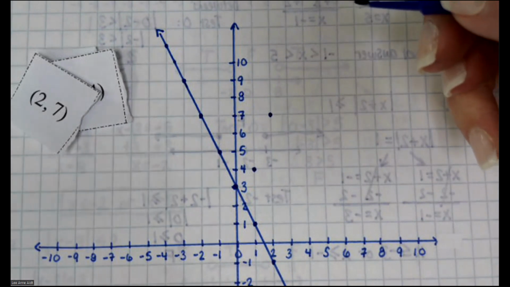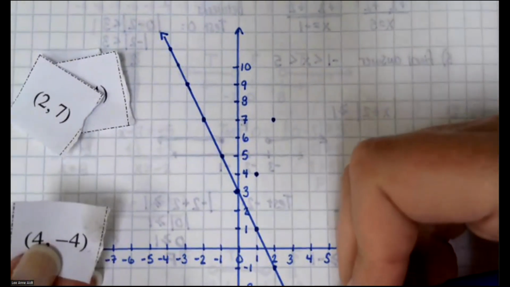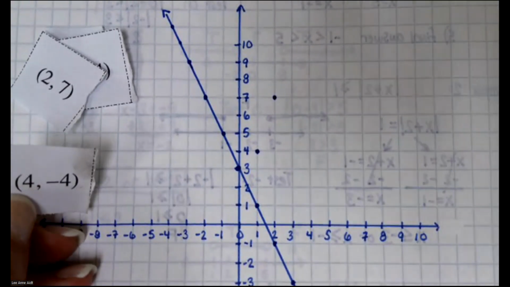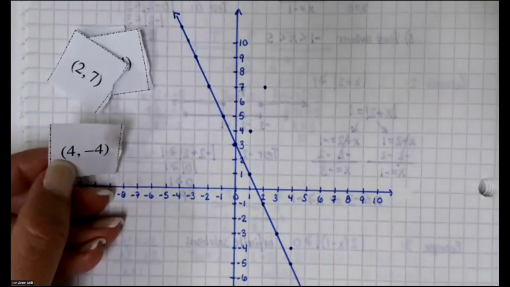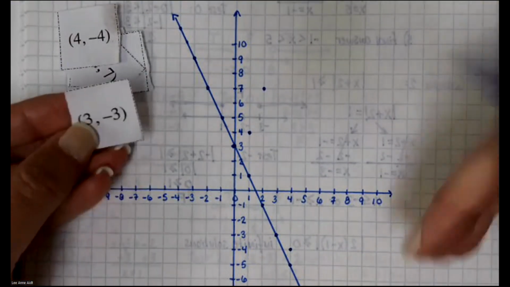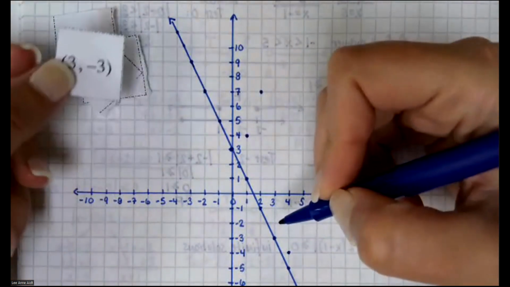I feel like I'm playing bingo. 4, -4. 3, -3, already graphed.